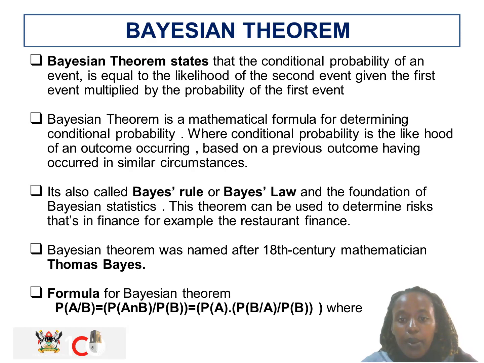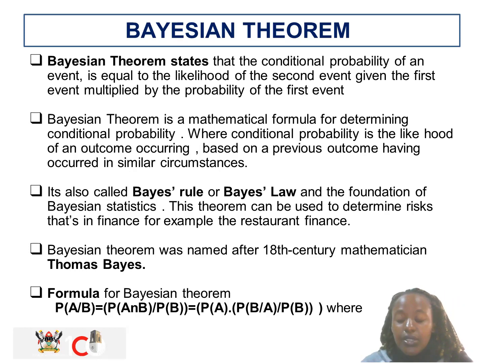In conditional probability, we look at two things: the prior probability and the posterior probability. This Bayesian theorem is at times also known as Bayes' rule, and it's the foundation of Bayesian statistics. This theorem can be used to determine risks in finance.